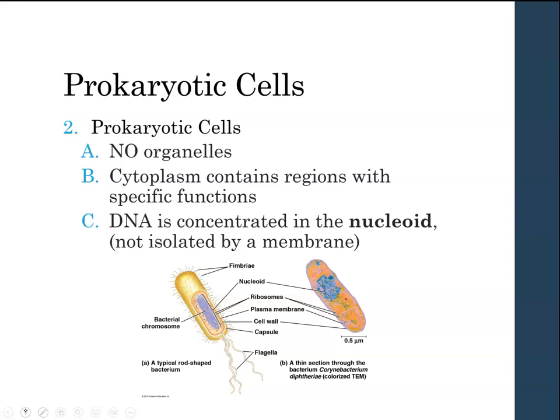So down here at the bottom, we have an electron micrograph taken using an electron microscope that we learned about in lab. We don't use those here at SWIC. They're quite expensive. But this is a bacterial cell. Along the outside, you've got a plasma membrane surrounded by a cell wall.